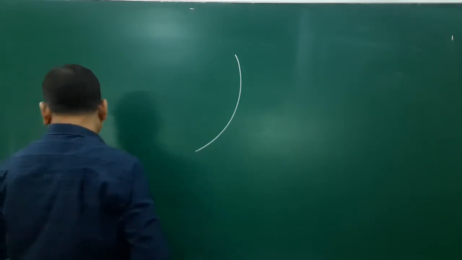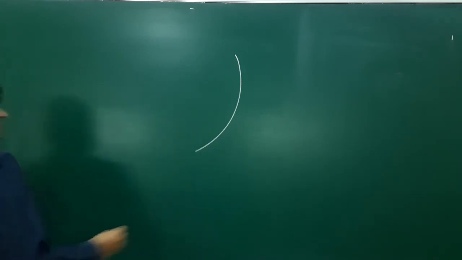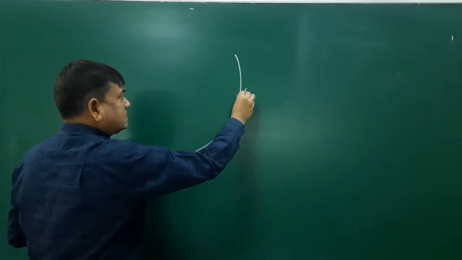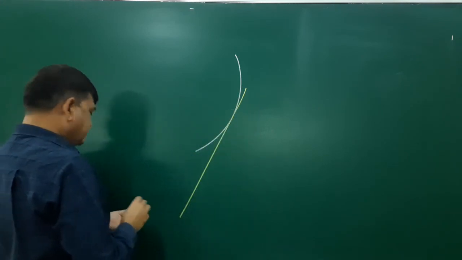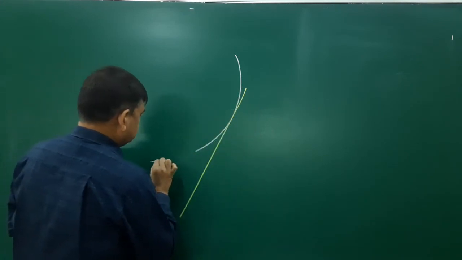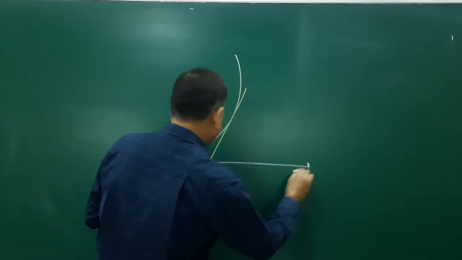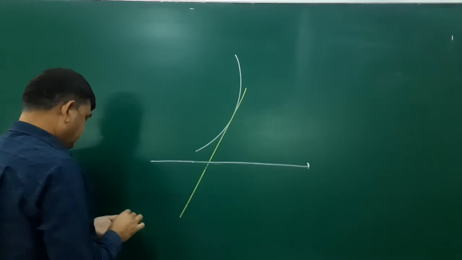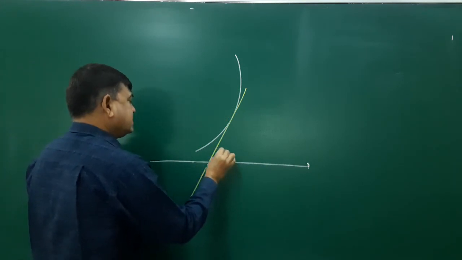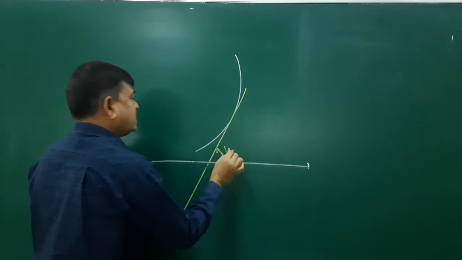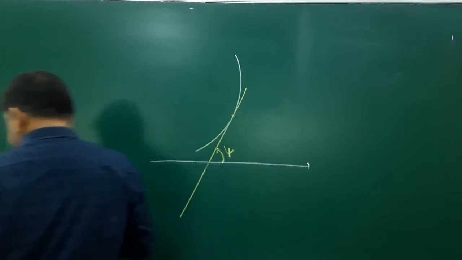This is the curve. Tangent. Initial line. This angle is psi. You have to remember all the things.